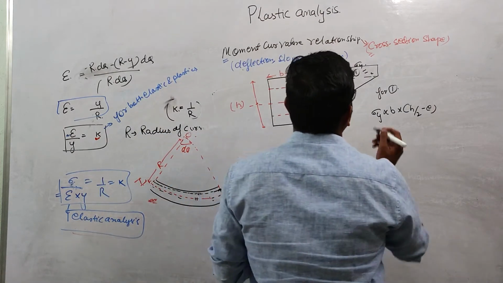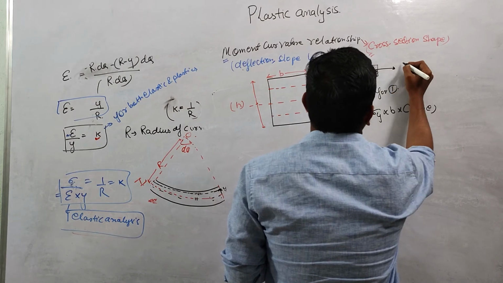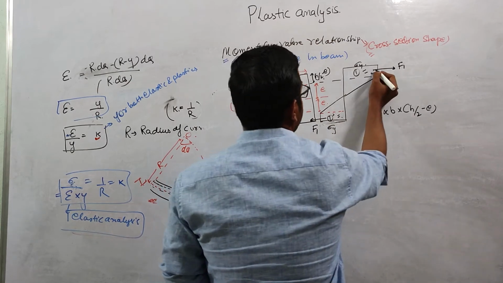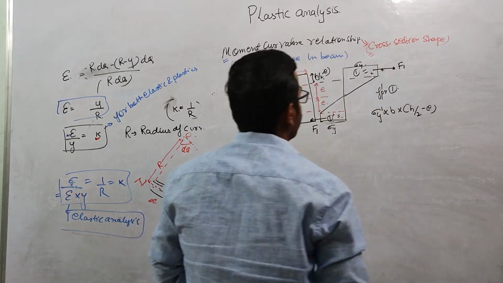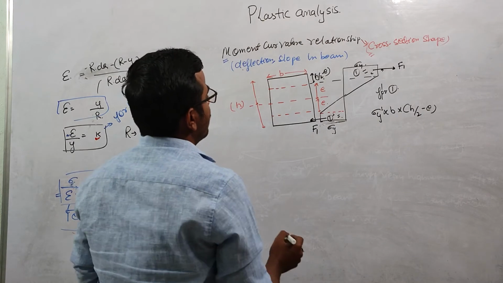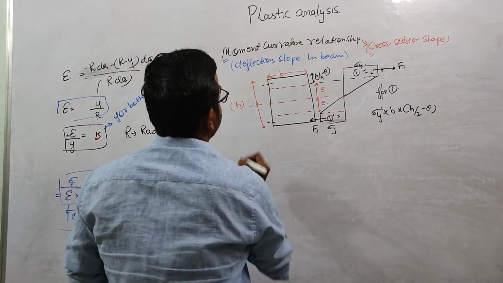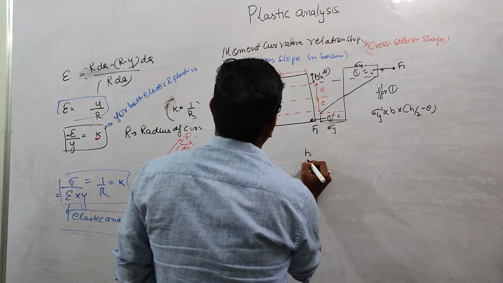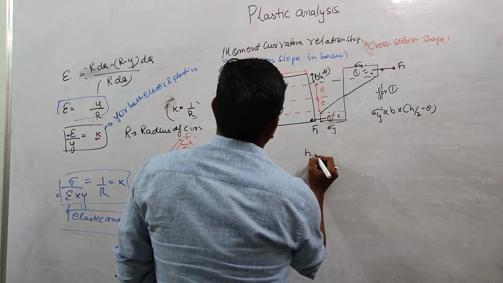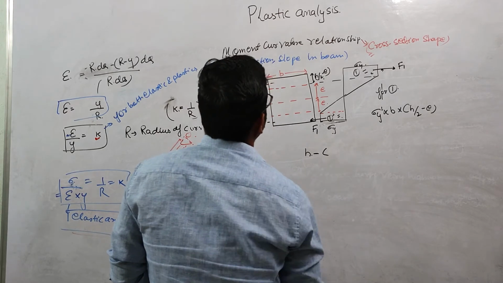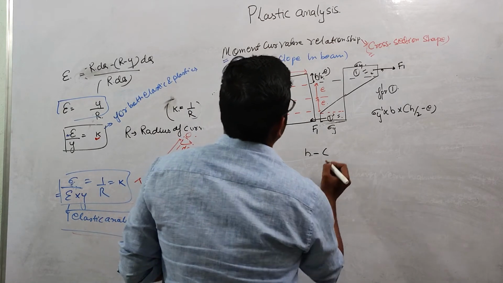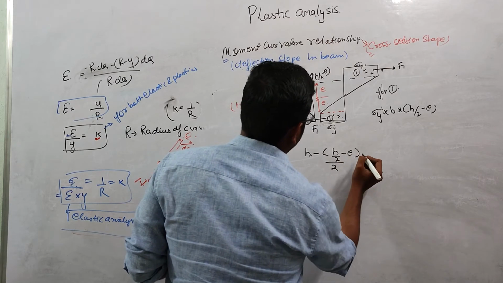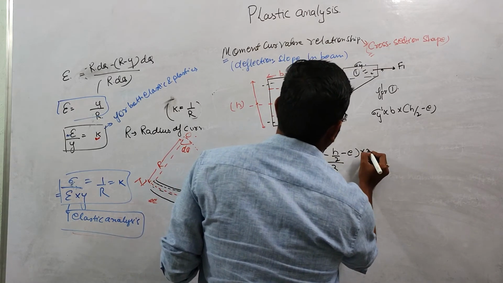So this force will be acting at this point. Let us suppose this is F1, and this will also be F1. So we need to find one lever arm. This lever arm will be equal to H minus (H by 2 minus E) divided by 2, and this will be into 2.